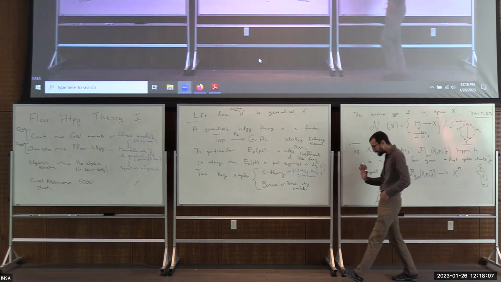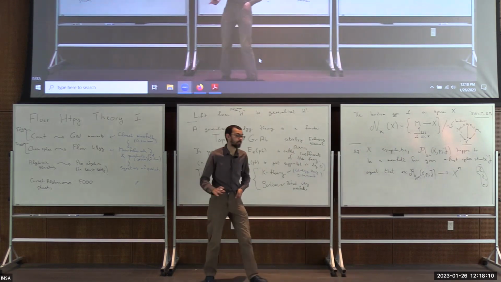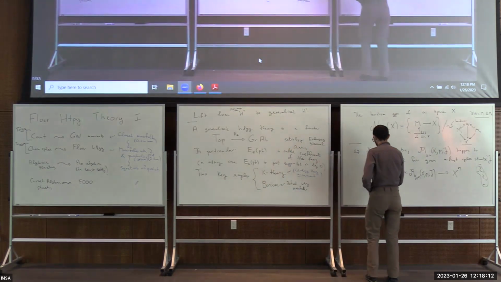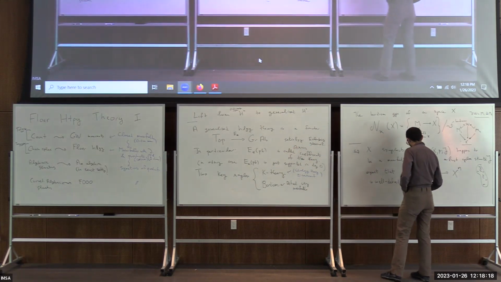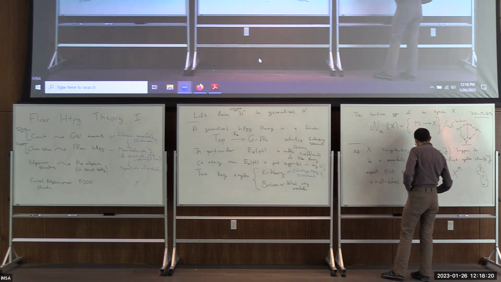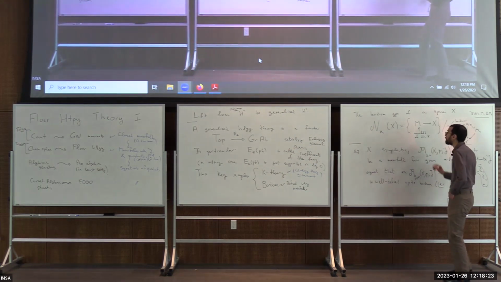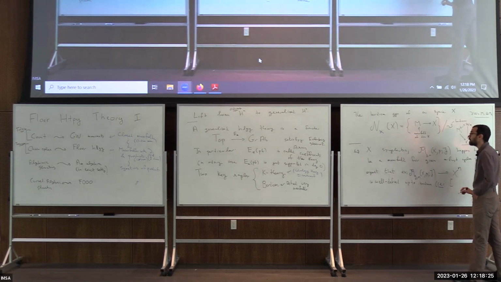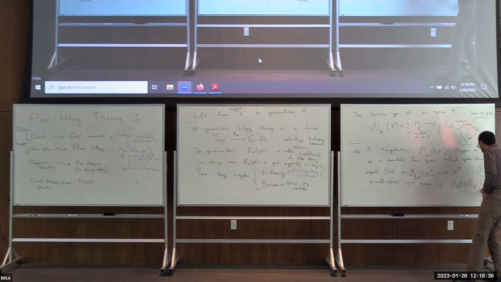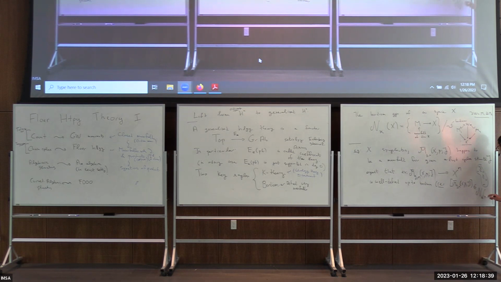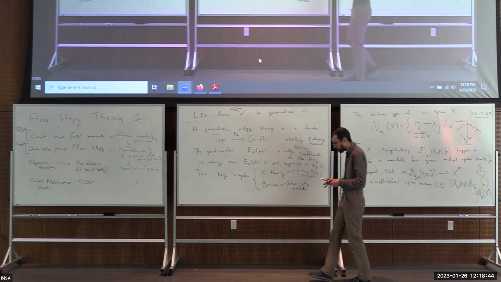So this map by itself is not invariant, but it's invariant under bordism, i.e., it gives a distinguished element in this bordism group. And this is where the graph is.